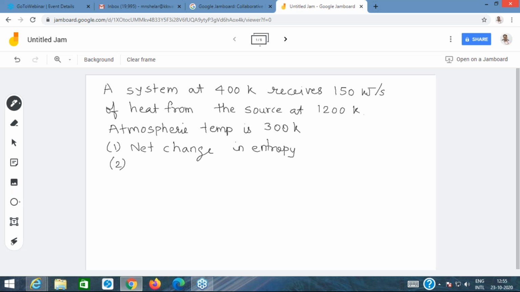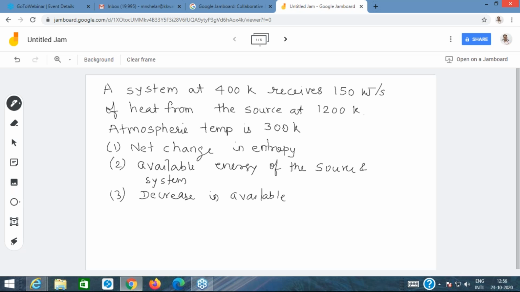Second, you need to calculate the available energy of the source and of the system, and you need to calculate the decrease in available energy. Okay.